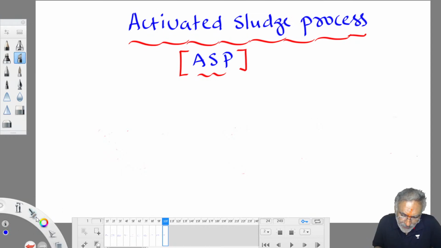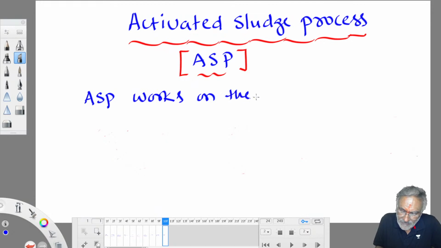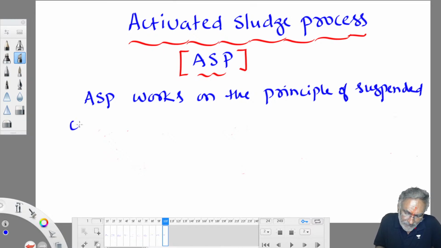So the activated sludge process works on the principle of a suspended culture system.